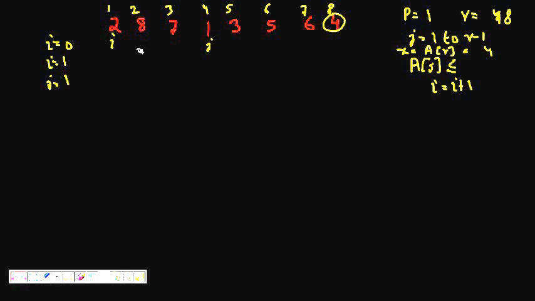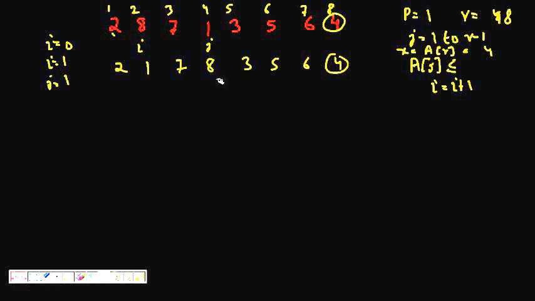So j is this, i moves here, and we swap 8 and 1, so it becomes 2 1 7 8 3 5 6 4.